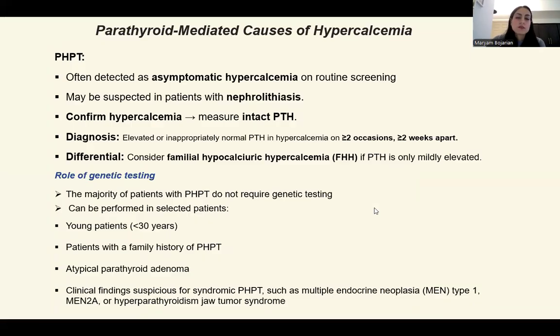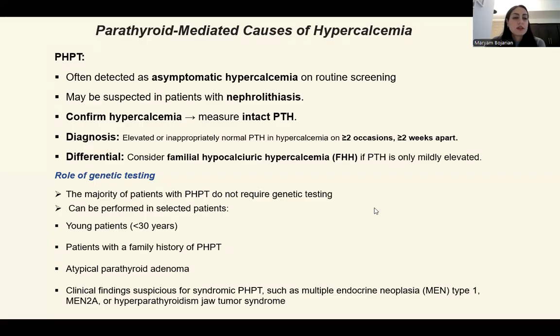Usually, if someone has multiple kidney stones, one of the differentials is primary hyperparathyroidism. You need to confirm hypercalcemia by repeating calcium and measuring intact PTH. The diagnosis is based on elevated or inappropriately normal PTH in patients with hypercalcemia on 2 occasions more than 2 weeks apart. And the most important differential is FHH if PTH is only mildly elevated.